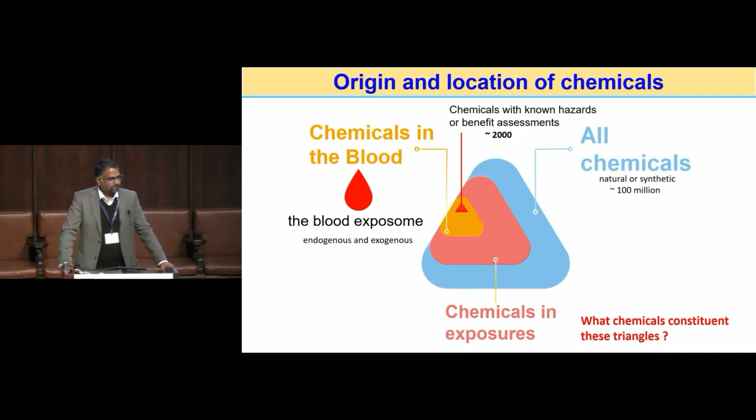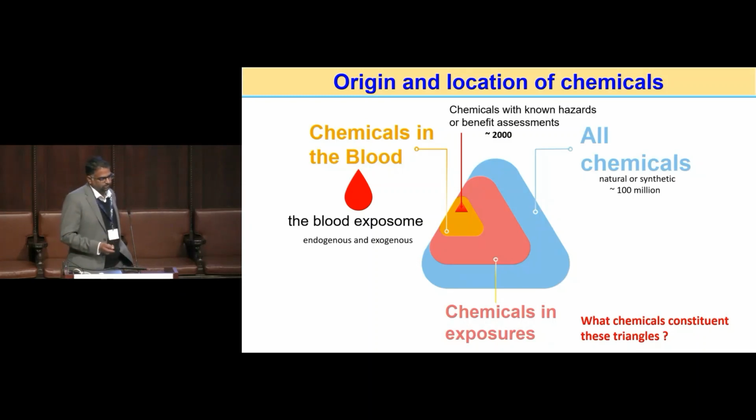The blood exposome database is the yellow triangle: some of these chemicals from exposure get into the bloodstream, and I tried to estimate that. Then you see the tiny red triangle, of those, how many were actually evaluated as hazardous or beneficial to human health. The number is about 2,000.